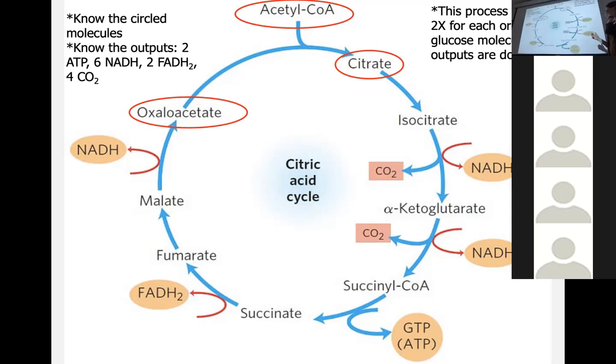The outputs, I'll talk about them right now. Don't worry about where they happen on the cycle, because I'm not requiring you to know all of these intermediate molecules. Down here, it says GTP, it's ATP, it's essentially the same thing. So this is our ATP being formed. In one cycle, we get one ATP.